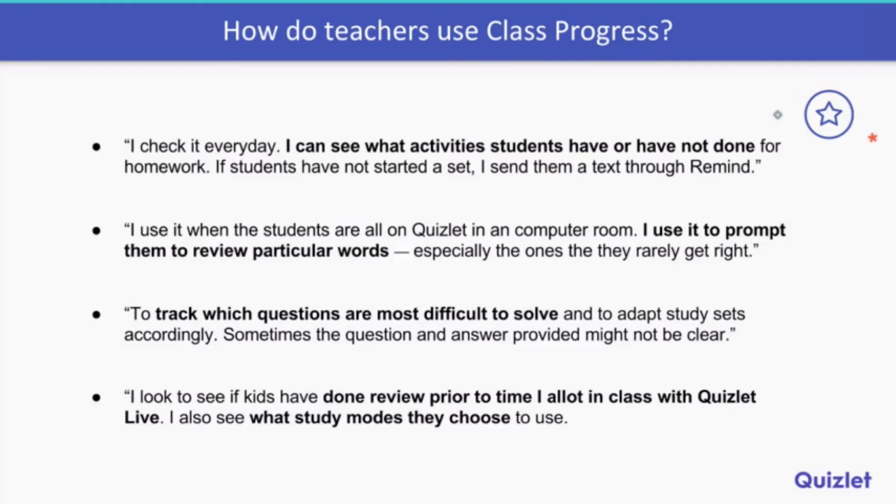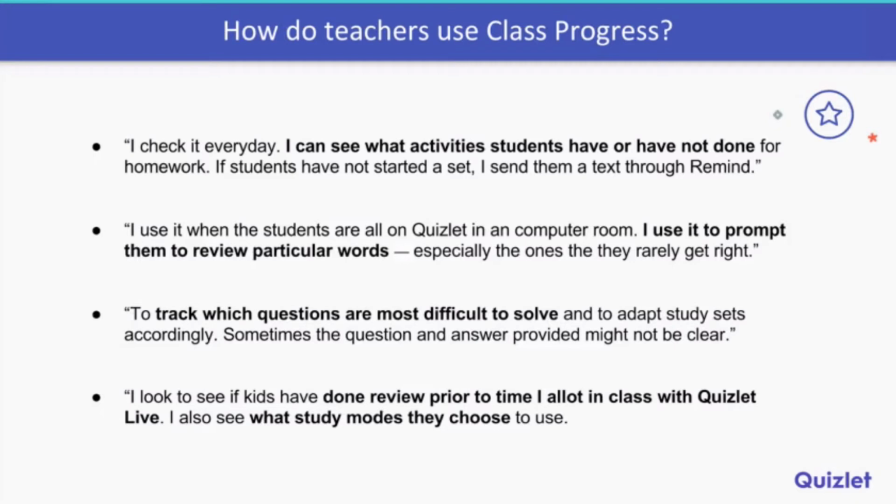Other people will check it every week, every month, just to get a general overview for the month or something like that. In this first example, you can see that this teacher checks it every day, checks whether the students are doing what she is asking, and then can remind the student, using the app Remind, to study if she sees that they're not doing it.